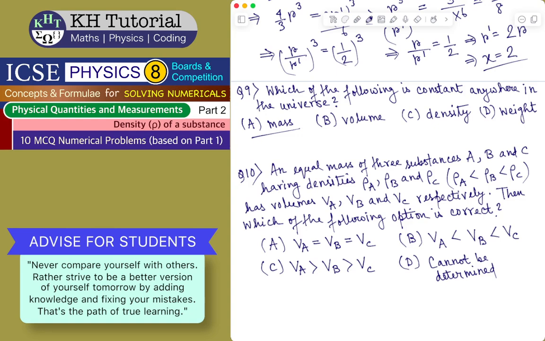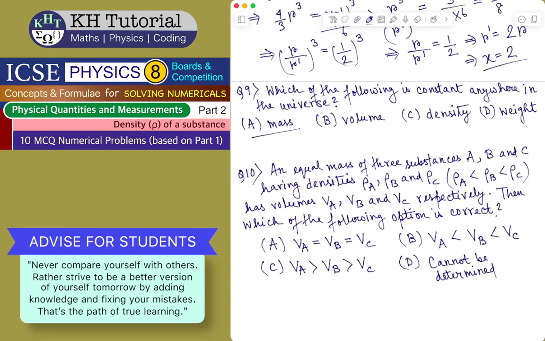Since mass always remains the same, there will be variation of density in a substance if you go at high altitudes, and if the density changes, definitely the volume will change.